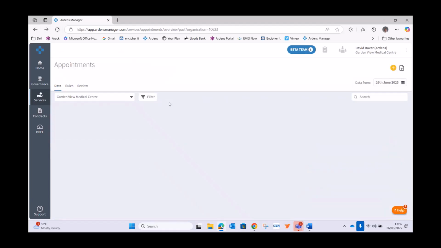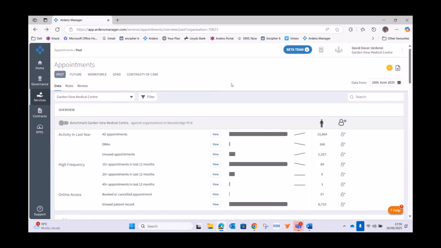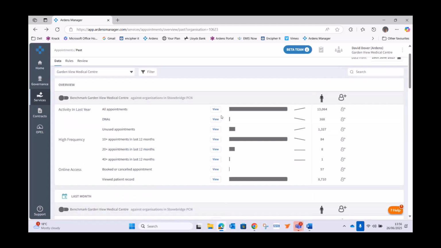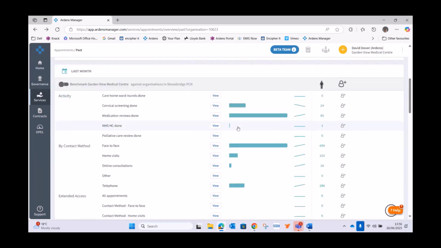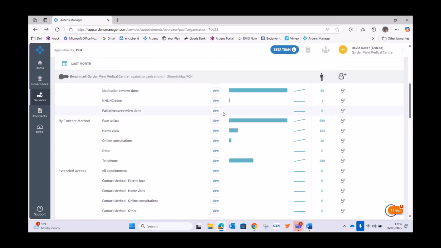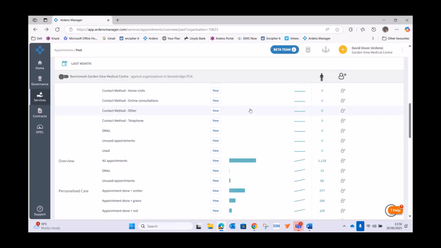So those would be the kind of things, as Charmaine mentioned, that you'd be looking at initially: DNAs, frequent flyers, and if you are low on NHS health checks, why is that? Is it simply because they're not being coded correctly, or is it because patients are ignoring them and you're not getting that return on your investment?